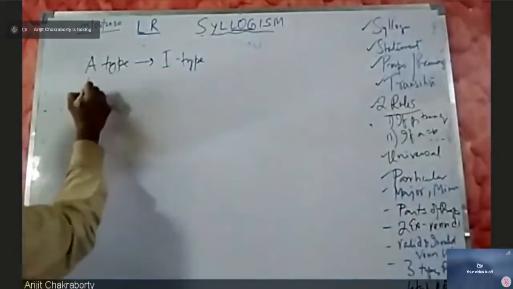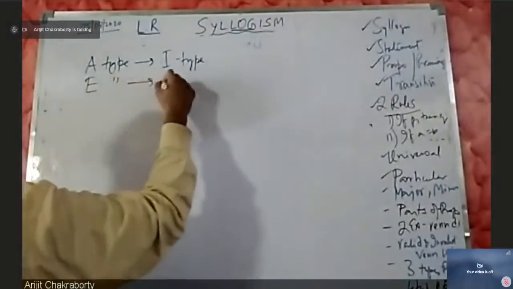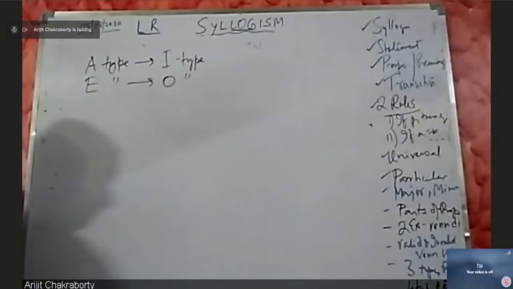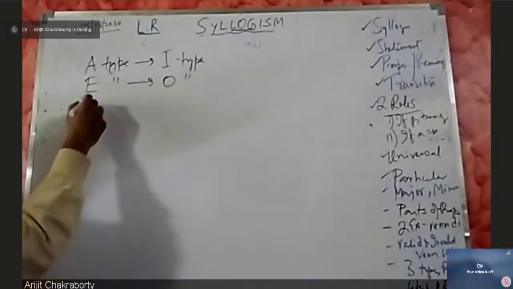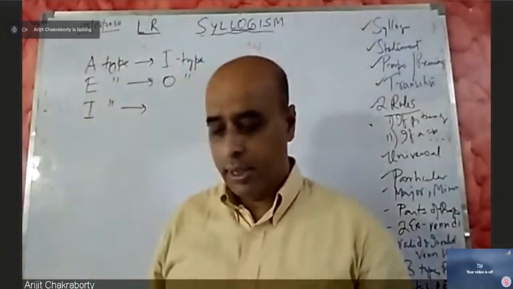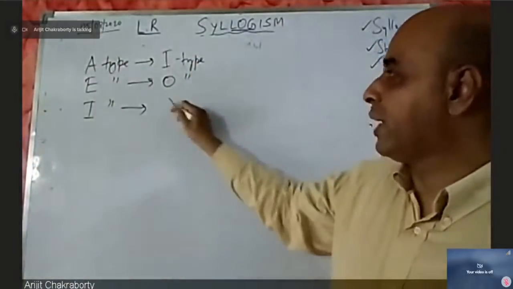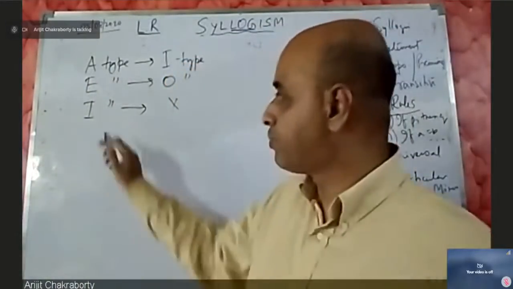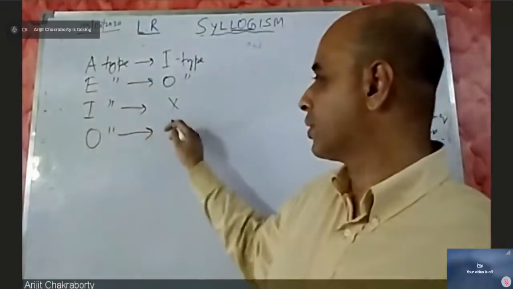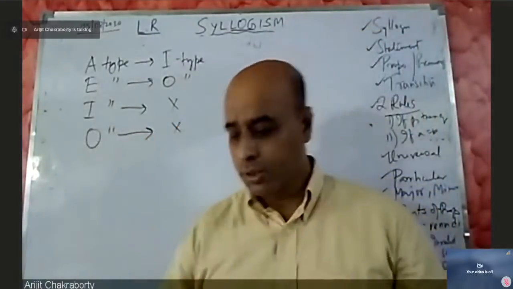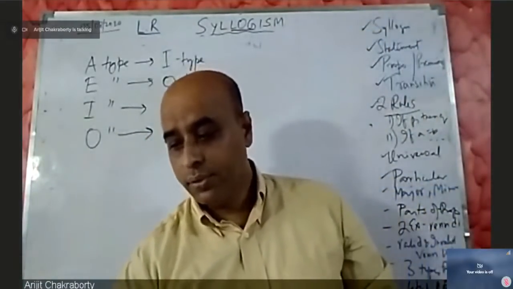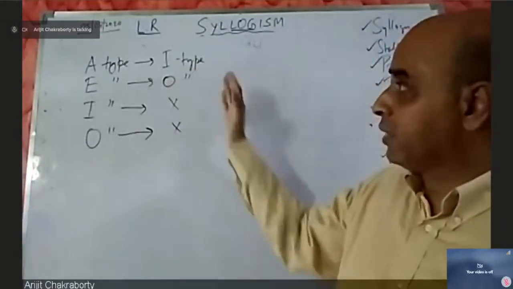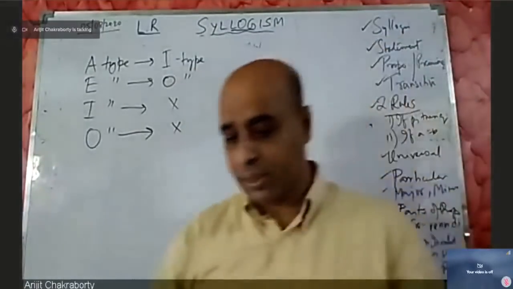Second, E type can be converted to O type. I type: no valid inference can be drawn. Similarly, if you take O type, no valid inference can be drawn. So please note this is for immediate inference, if you need to draw immediate inference.